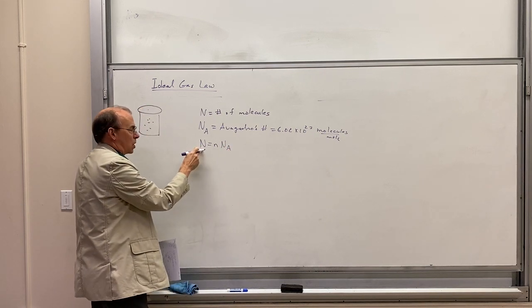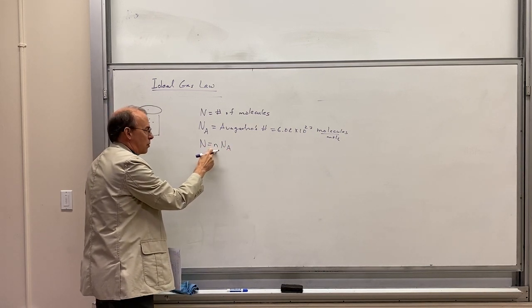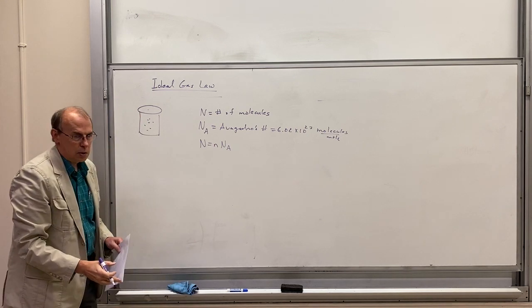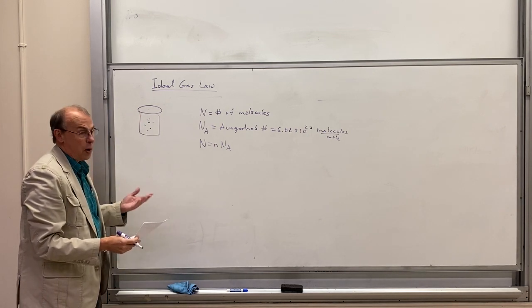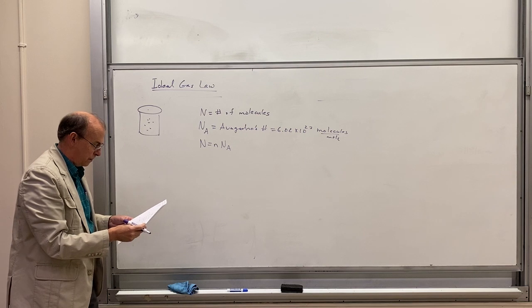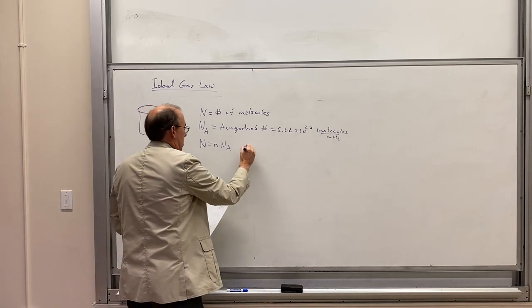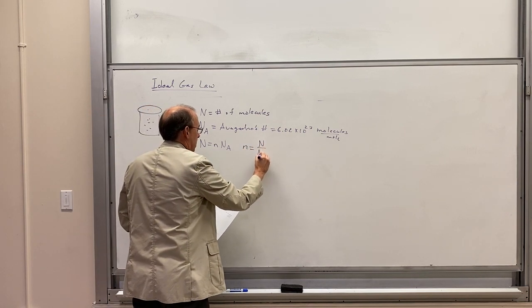This just says the total number of molecules is the number of moles times Avogadro's number. That's really a possible definition of Avogadro's number. So this means this little n is big N over N_A.